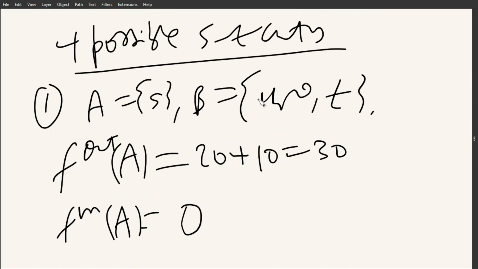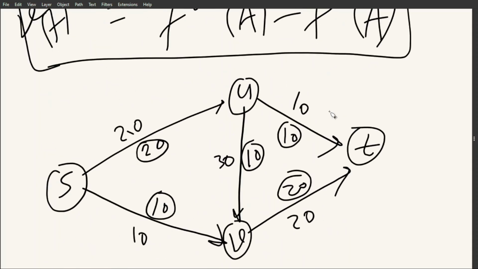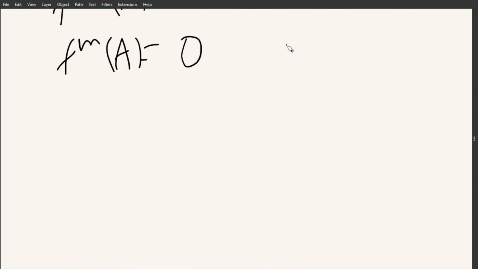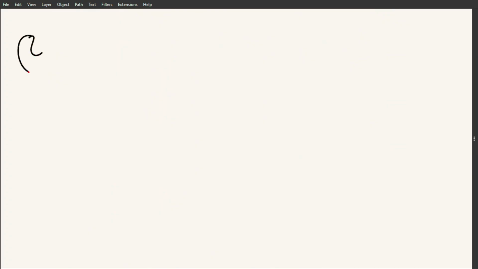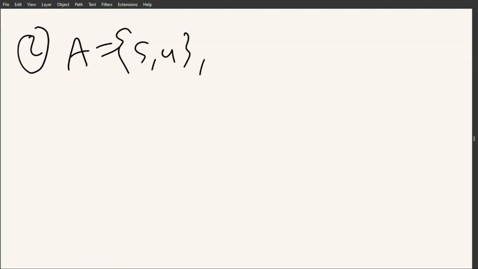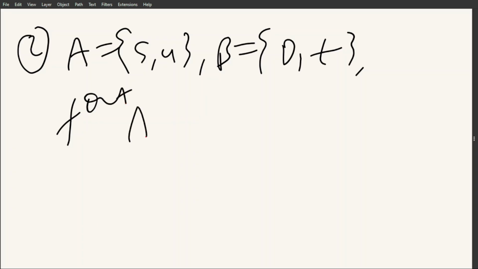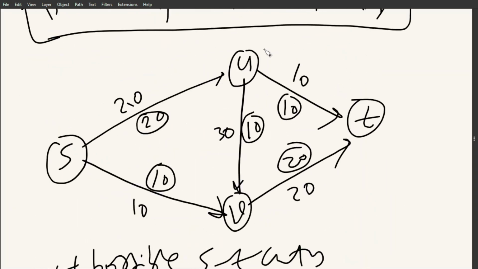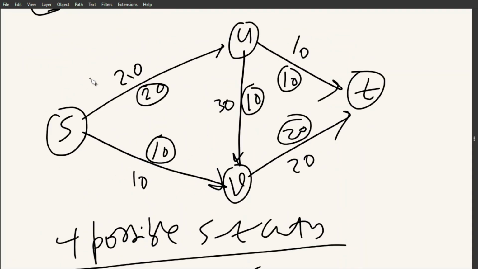Second possibility we take: A is s, u and B is v, t. We compute both. f out of A: now make a boundary around s and u, and just consider flow out of the set.